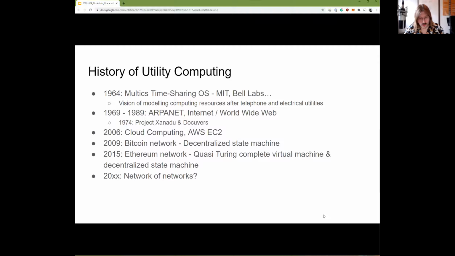So AWS was, of course, the first cloud provider. Nowadays, we have many others, also Oracle Cloud. We have IBM, Google, Microsoft, all the big players. And while this provides computing as a utility resource, at the same time, we see a certain factor of centralization actually happening.